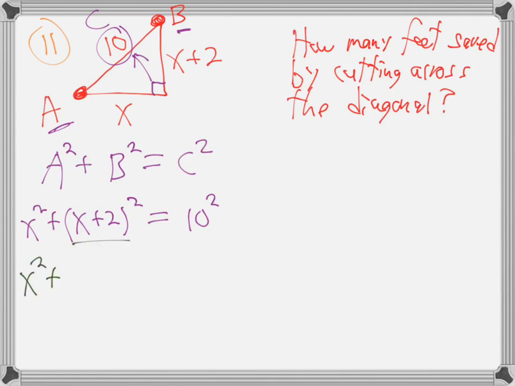You can't take these parentheses and just square the x and square the 2. You have to write 2 parentheses. I saw that a couple times. When there's a 2 on a parenthesis, you can't just say that's x squared and 4. You've got to write 2 parentheses and FOIL the whole thing.